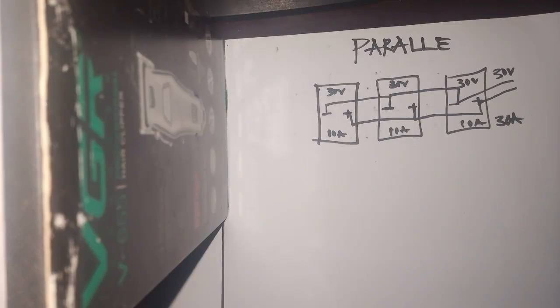Being connected, 10 amps from each panel has totally become 30 amps, while the voltage remains the same. This is because we've just increased the space of the panel in connecting them in parallel. So the current space of these panels has been increased, while the voltage, which is the fire, remains the same.